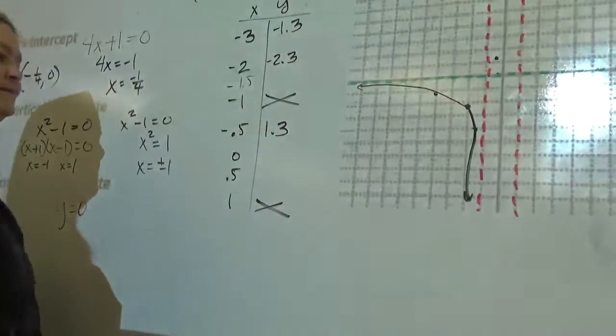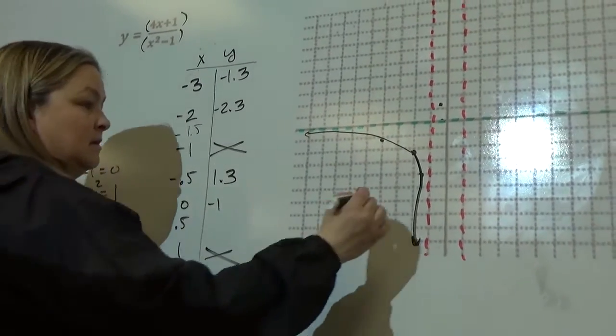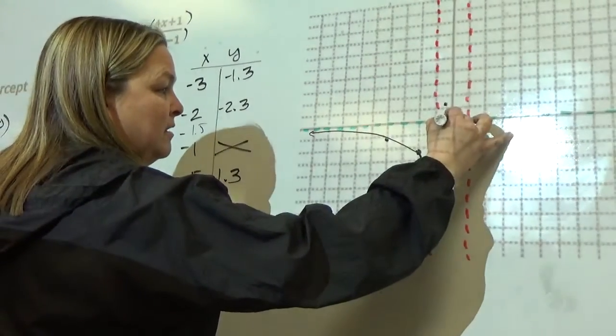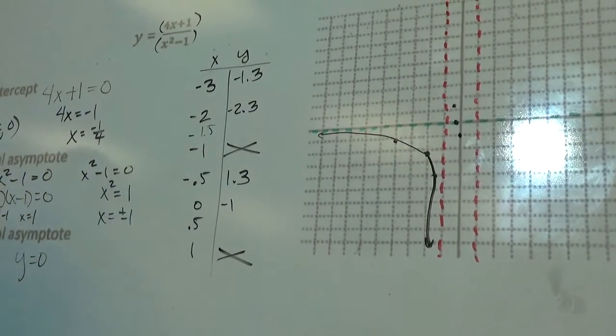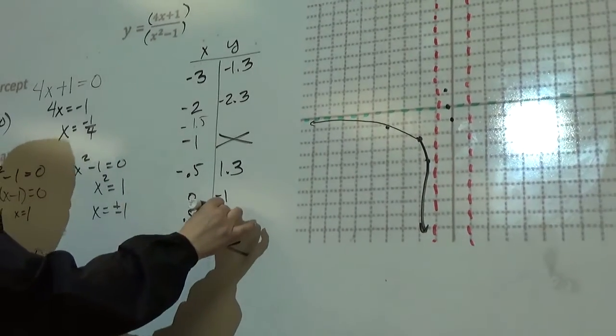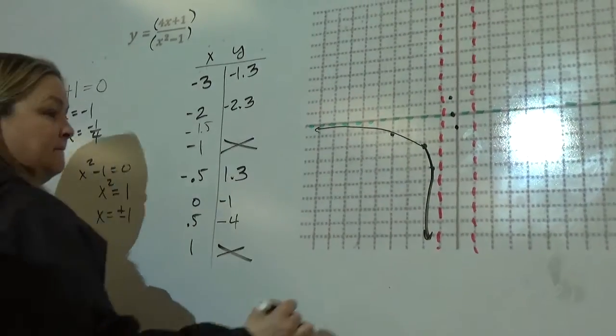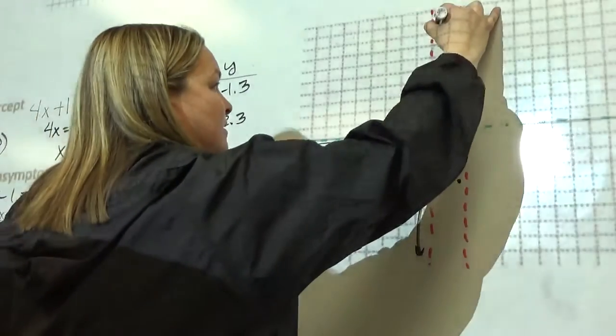Okay, what shows up next to 0? Negative 1? And we already had 1 point right there, right? So you can kind of see where the graph goes. And at a half? Negative 4. So the graph in there looks like this.